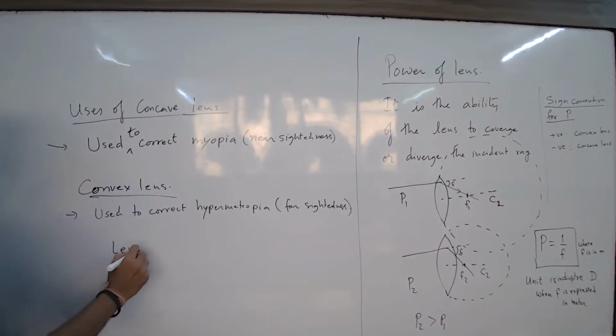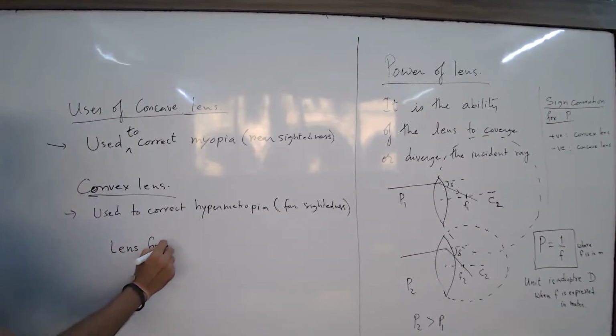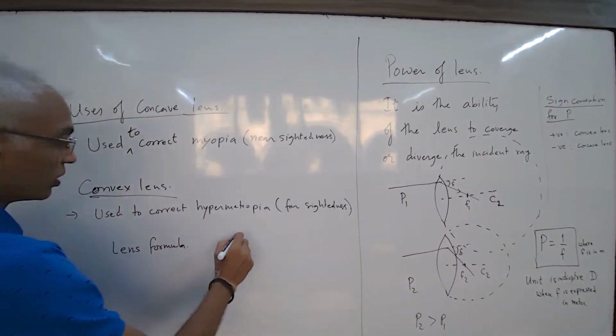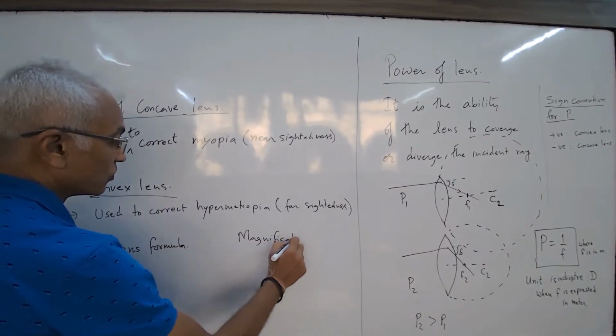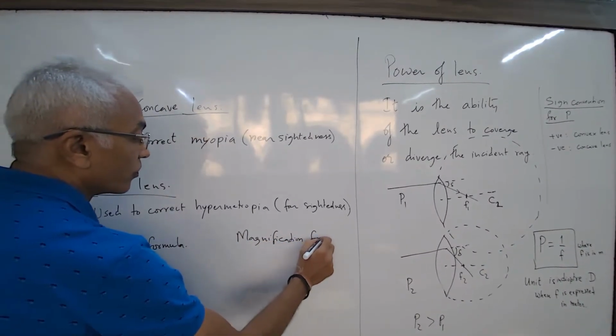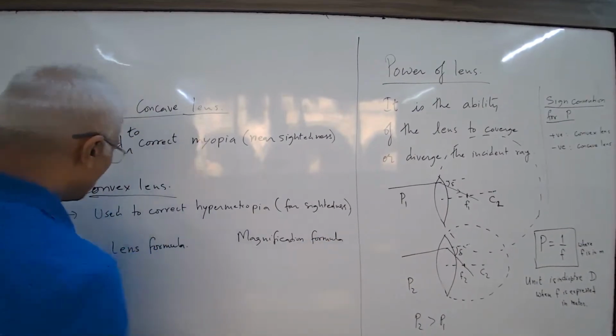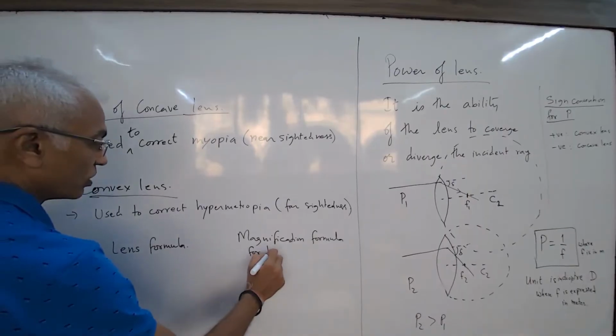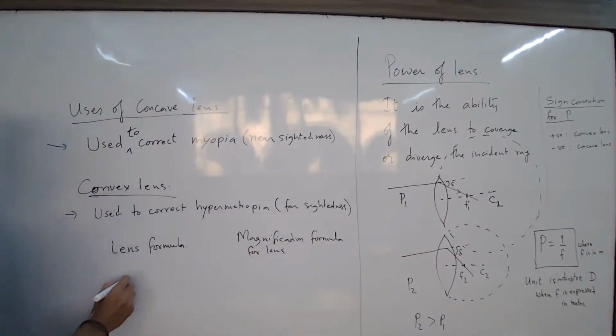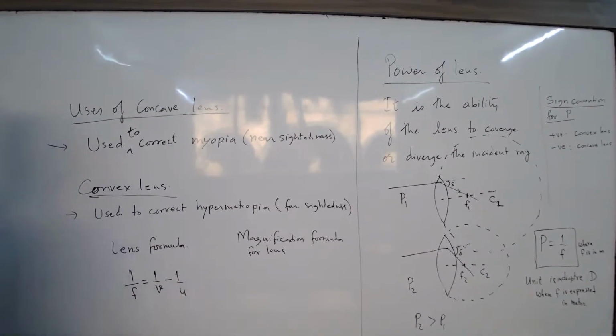What is the lens formula? 1 by f is equal to 1 by v minus 1 by u.